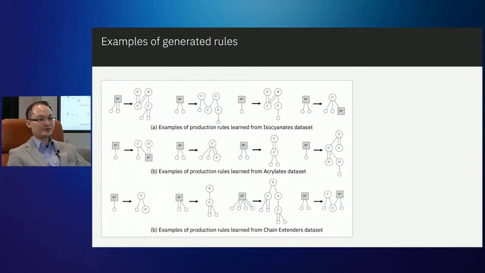In the first rule and the third rule, we explicitly see the functional group, which contains the nitrogen, the carbon, and the oxygen connected by double bonds. These are the exact things that we expect to see for isocyanates. We learn these production rules not by someone telling us, hey, you really need to have N and C and O connected by double bonds, but we just look at the training data sets and the algorithm can figure it out.